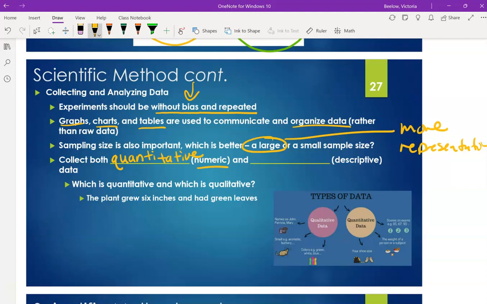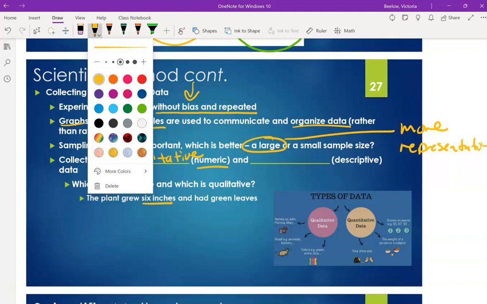You measure in centimeters, you weigh something in grams, you take volume in liters, how many people said they like this, okay? That's all numerical data, and that's the most common data that we use. So for example, a plant that grew 6 inches, 6 inches would be the quantitative data.